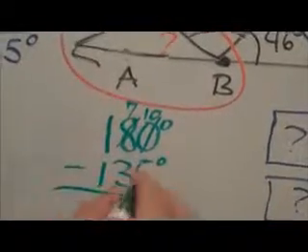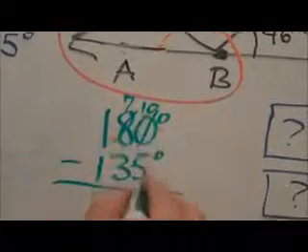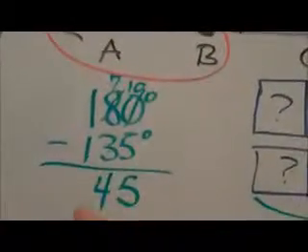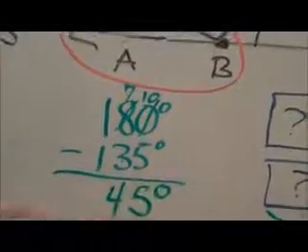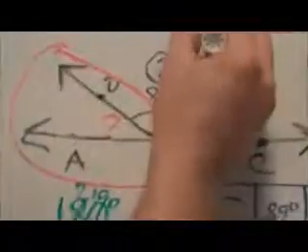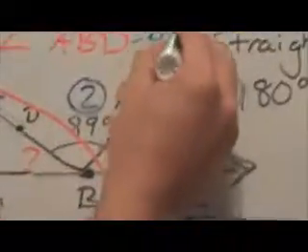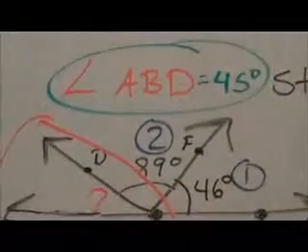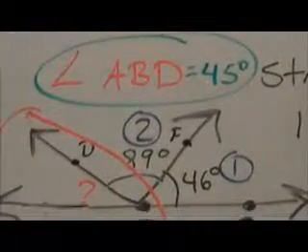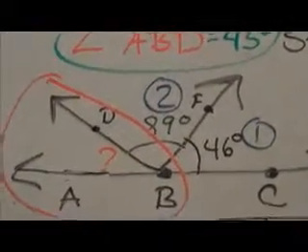Now I have 70, so 5 from 10 is 5. 30 from 70 is 40. 100 from 100 is nothing. My angle ABD should be equal to 45 degrees. Now that was step 1, problem 1. A lot of work, but fairly easy.